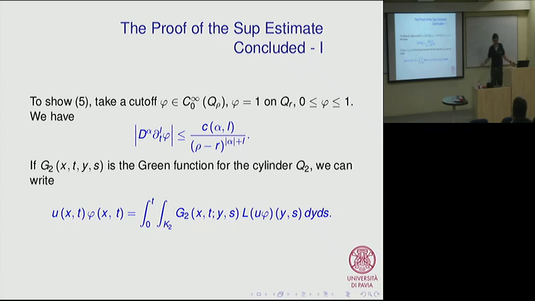This is trivial. Now, since I know that when I have L of u equal f, u becomes the integral of g times f, relying on this, u phi is the integral of g times L of u phi. Now I compute this, which I can do.